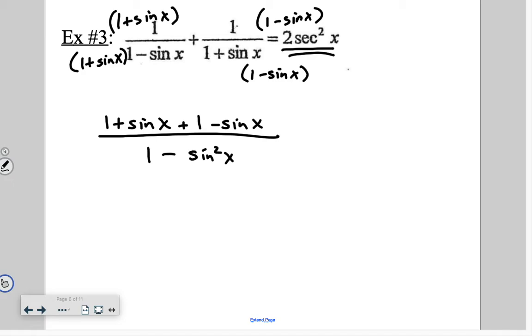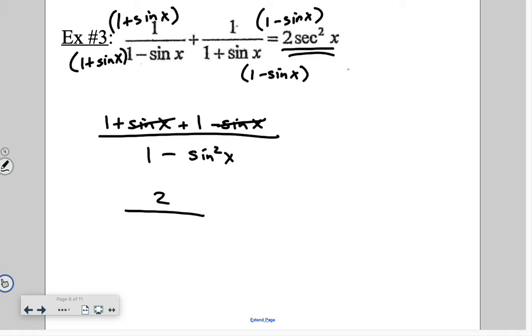So now we can clean this stuff up a little. Again, I'm going to do a couple steps in one here. If we just work on the numerator, I've got 4 different terms. We've got 1 plus 1. Well, that gives me 2. I've got sine of x. I've got negative sine of x. Those cancel. And in the denominator, what do I have? 1 minus sine squared is a trig identity.